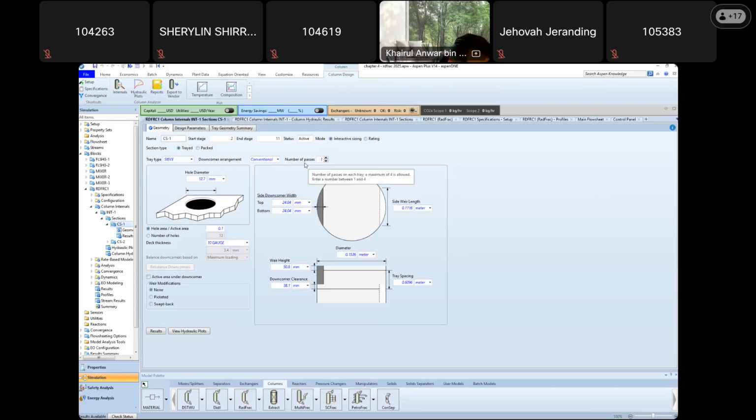Number of passes is 1. The hole diameter is 0.0127. The downcomer width is 0.1. The thickness is in meters. 0.0405.